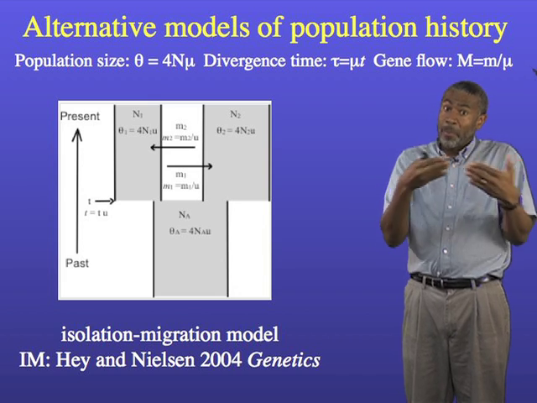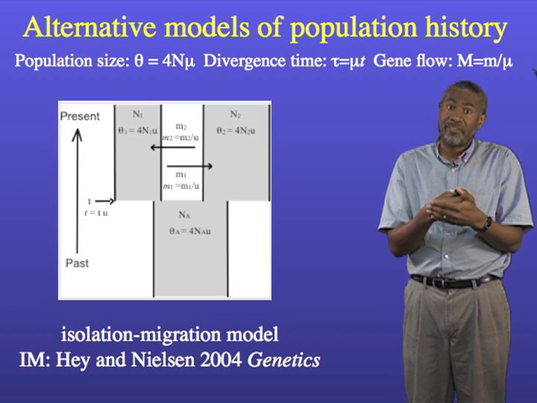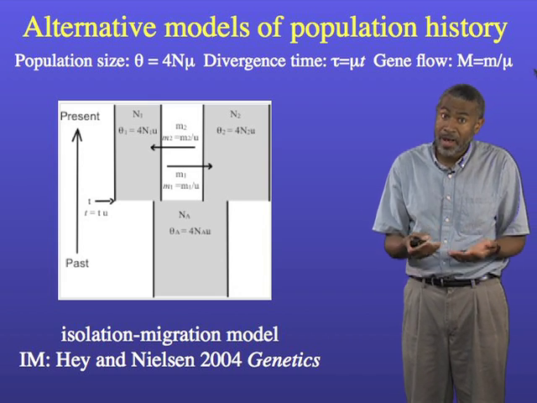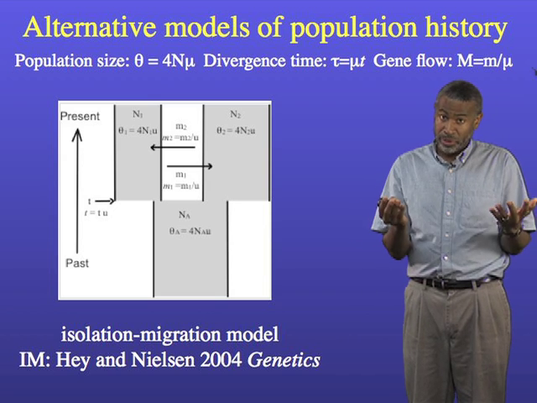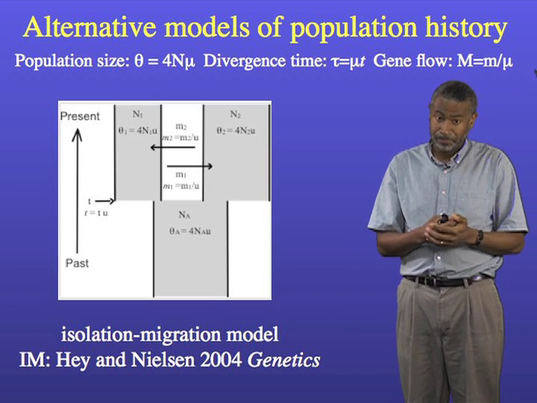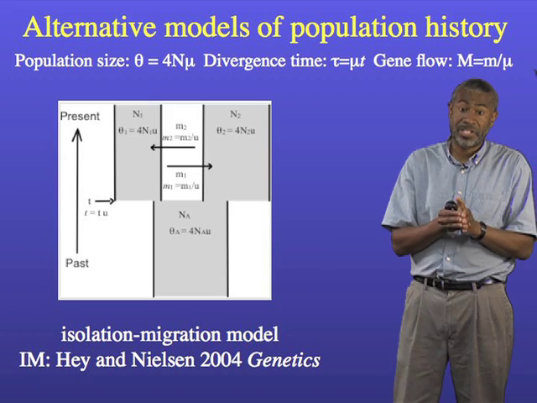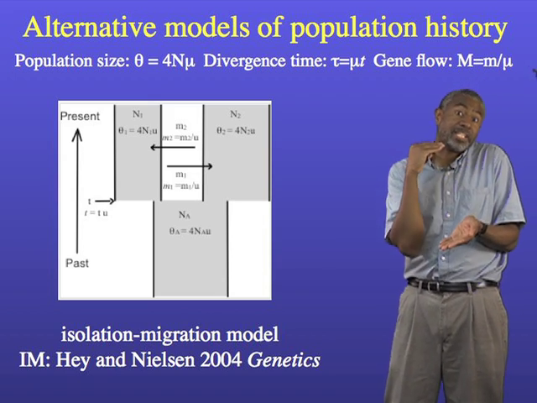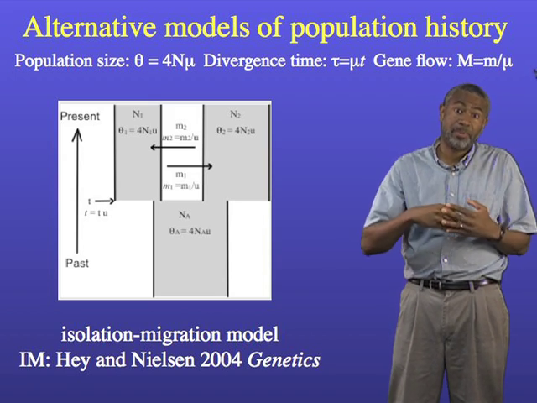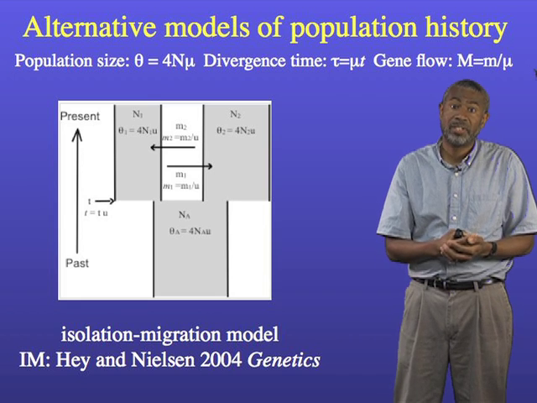There may be gene flow between these two descendant populations, and in fact, in recent versions of this model, there are many more than two populations. You can have any number. You can also imagine that we can estimate the time that this ancestral population split into two populations.